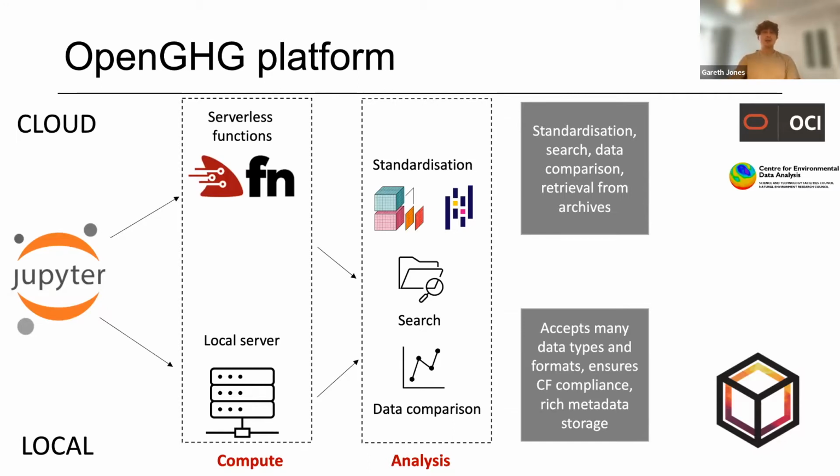We try to make it a platform that contains a lot of metadata. We store all the data as binary data, so that's compressed netCDF files that people are probably quite familiar with. We're actually looking at moving to Zarr, which is a relatively new format, which is based mostly on HDF5 behind the scenes.